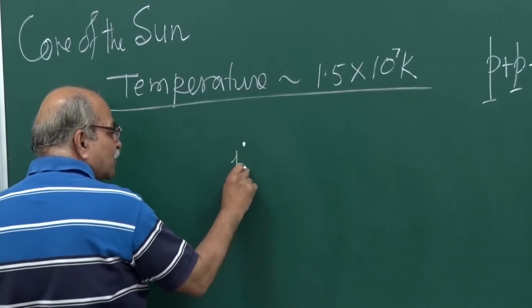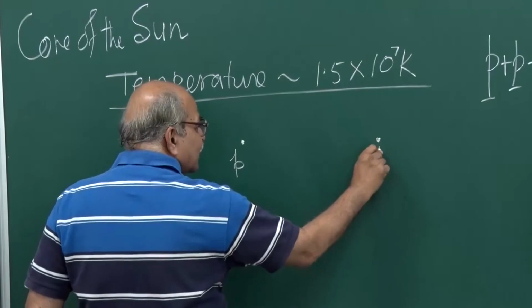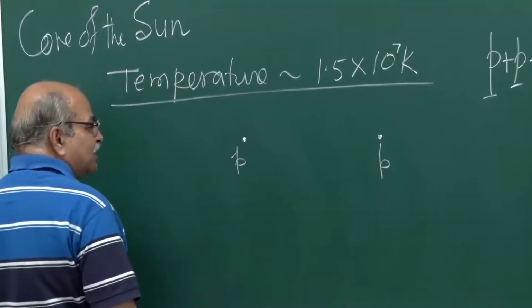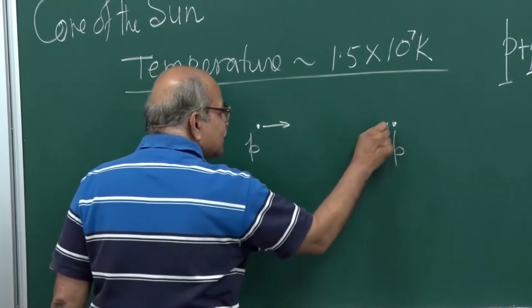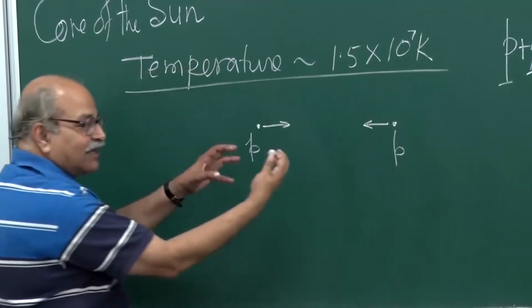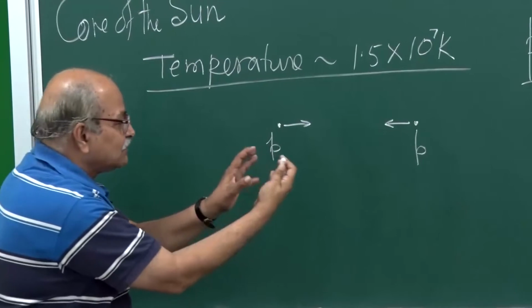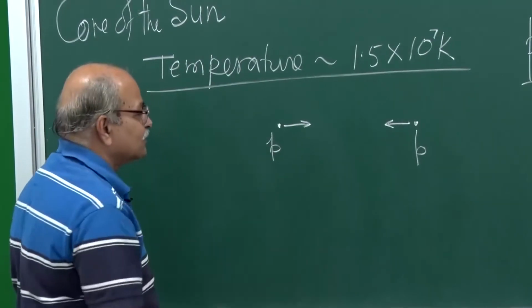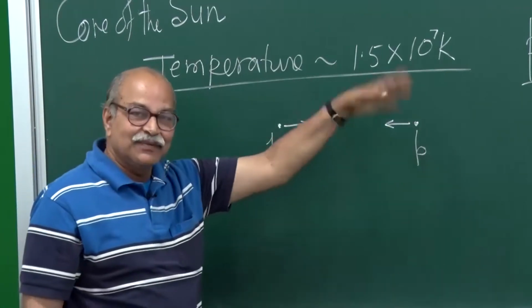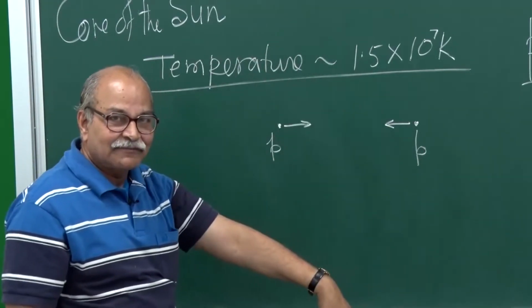Let us say there is a proton, and in a very favorable situation, this is going this way, this is going this way, so that they are trying to come close enough to each other. If the directions are different, then anyway the chances are even less.